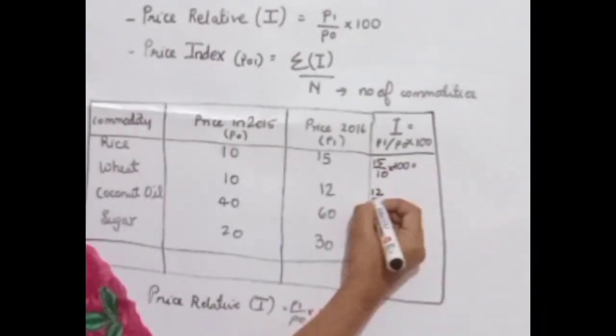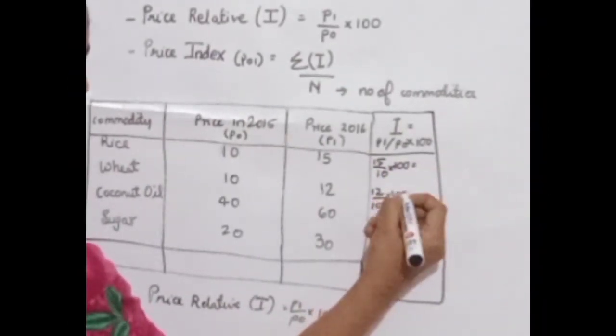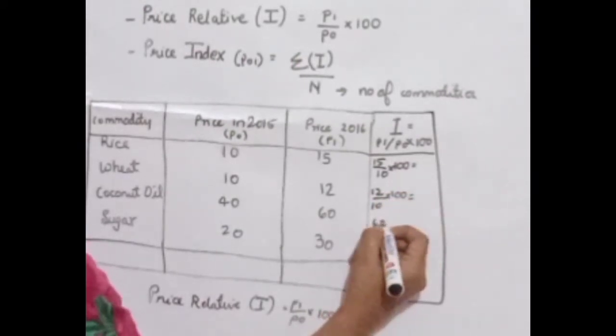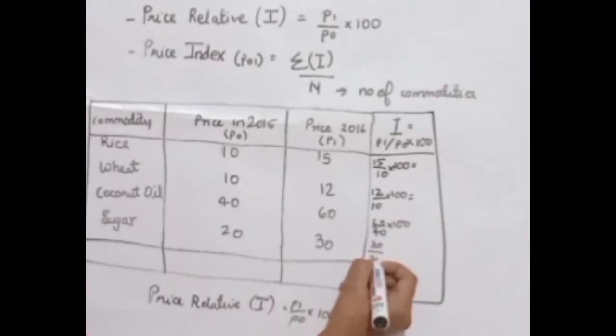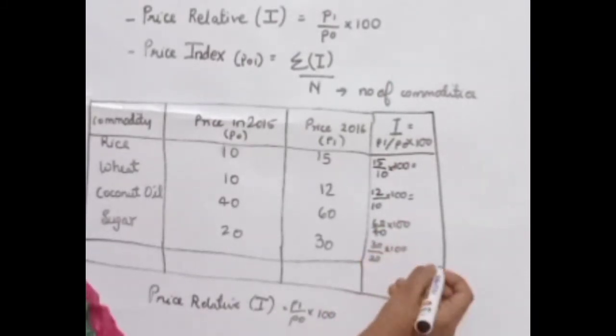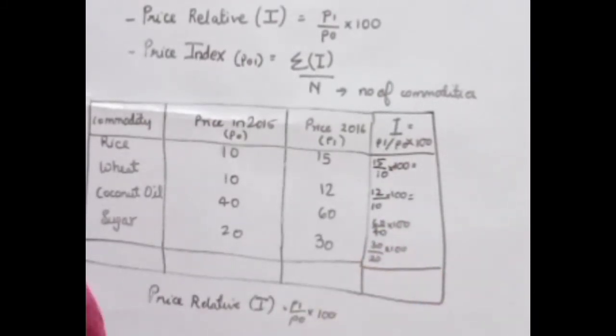Similarly, 12 by 10 into 100, 60 by 40 into 100, 30 by 20 into 100. So this is how we are going to find the I, or relative index, individually. So understand, students, in the average method we are going to do an additional step.